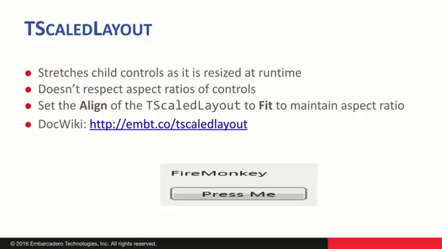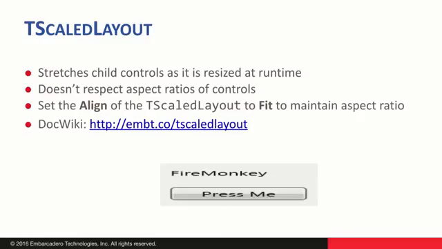Okay, so this means if you put a form down and filled it full of a TScaledLayout, and then put all your buttons and controls down, and then at runtime, that form gets stretched and expanded, then it will expand so that it's always filling the entire form. All right. So this way you don't ever have empty space on your form. It just fills everything on your form. So your buttons get bigger, everything gets bigger, and it just scales up to fill that form.